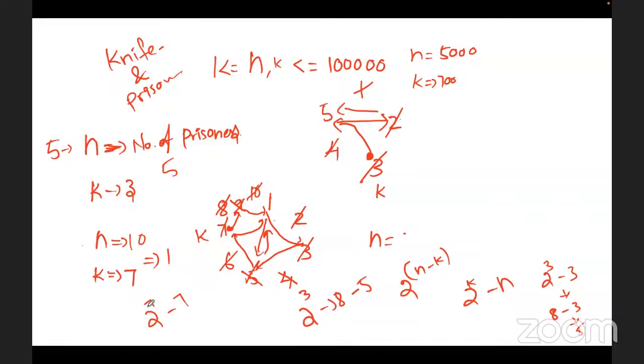So 2 power 7 is 128, minus 7, we will get 121. For sure, you won't get the answer with 2 power k minus k. n into k minus 2 power k.